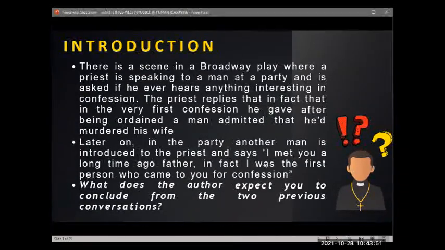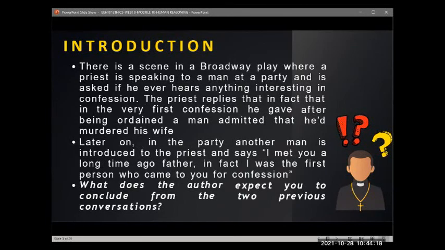Introduction. There is a scene in a Broadway play where a priest is speaking to a man at a party and is asked if he ever hears anything interesting in confession. The priest replies that in the very first confession he gave after being ordained, a man admitted that he had murdered his wife.